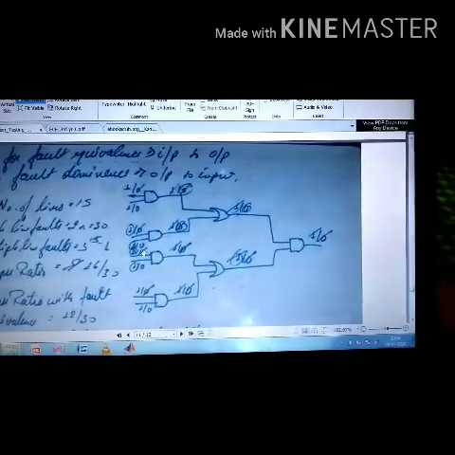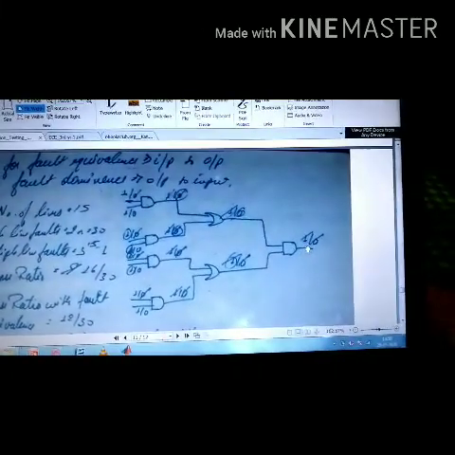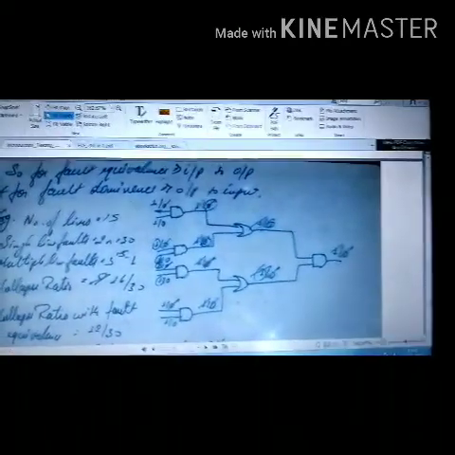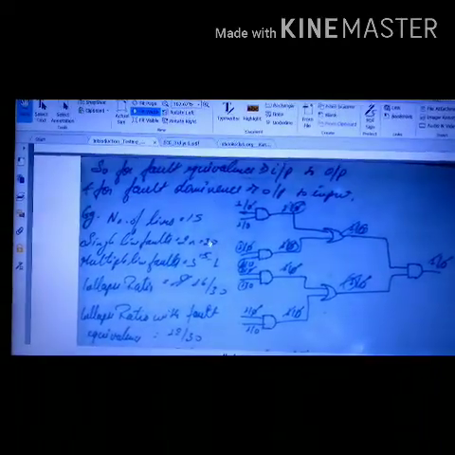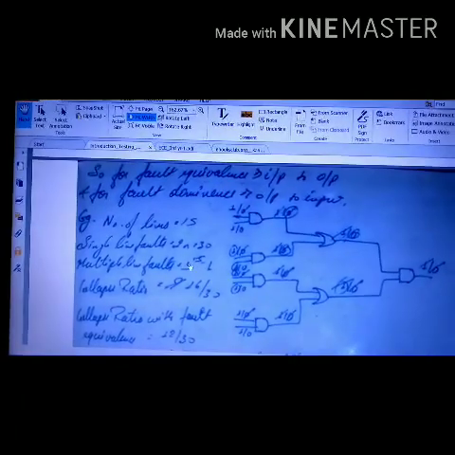So 1 2 3 4 5 6 7 8 9 10 11 12 13 14 and 15 lines are there. So single line stuck-at faults will be 2 times 15, that is 30. Multiple line stuck-at faults will be 3 to the power 15 minus 1.